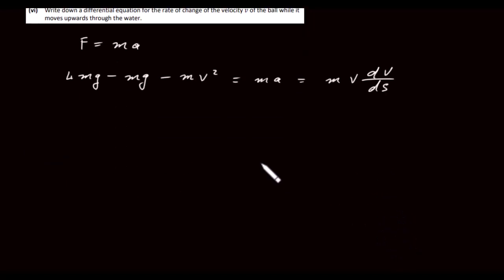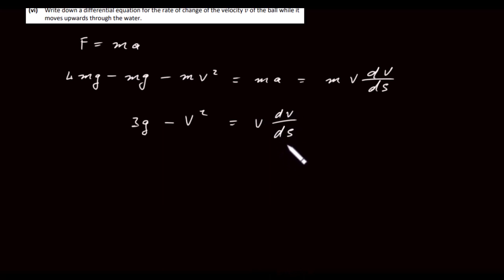So again, if you do all of this and cancel all the m's, divide across by m, here you'll have 4g minus 1g, which is 3g, and then we've got our v squared here, and over here we've got v dv ds.